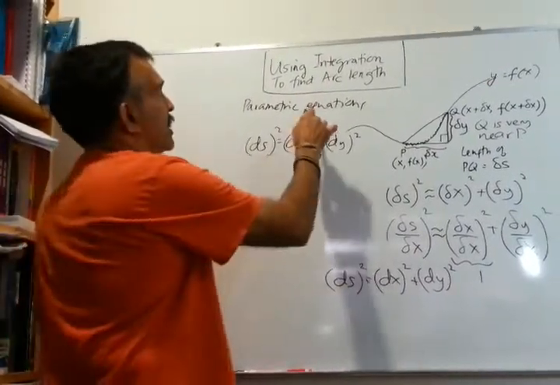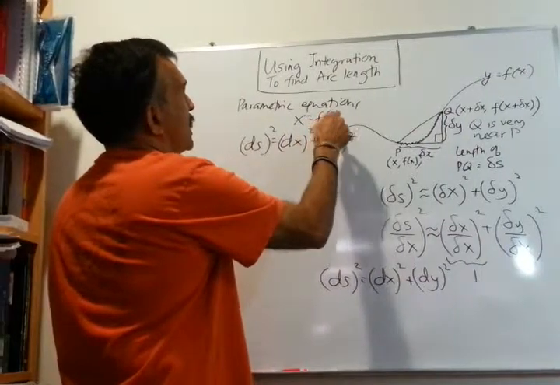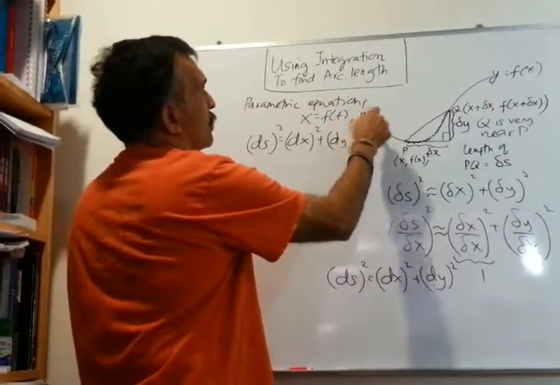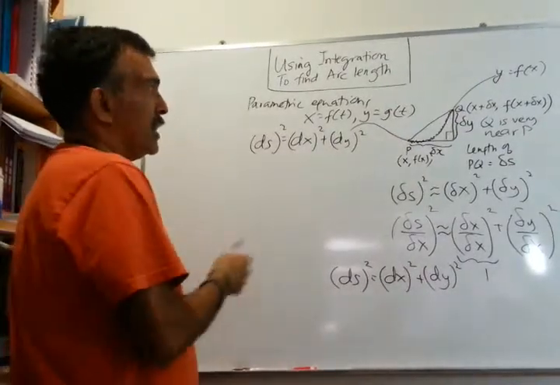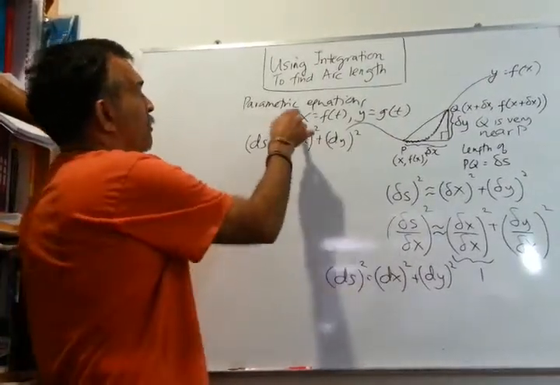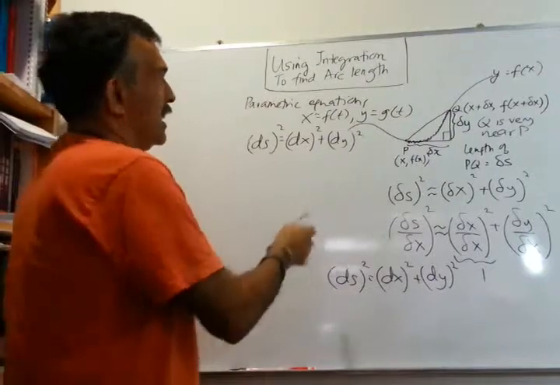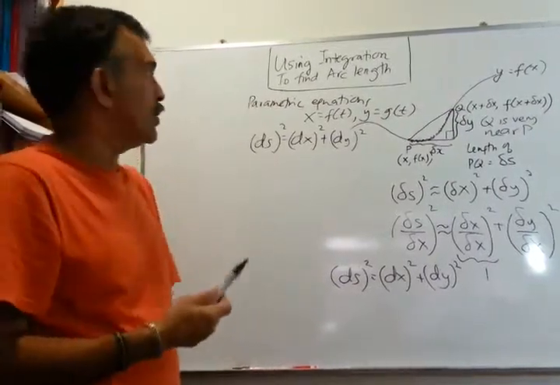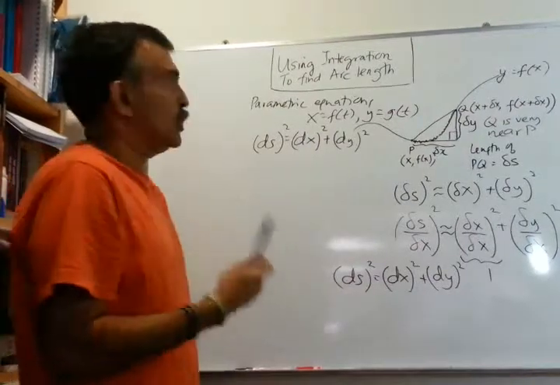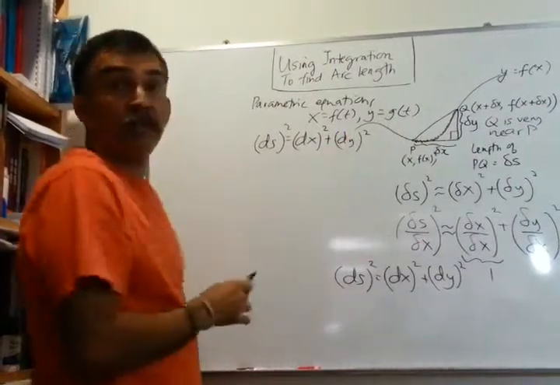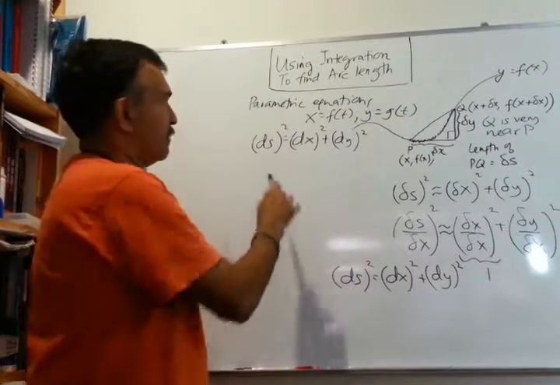So let's just write x equals f of t, and let's say y equals g of t. Now from x equals f of t and y equals g of t, you're going to get dx/dt, dy/dt. So let's divide throughout by dt squared.